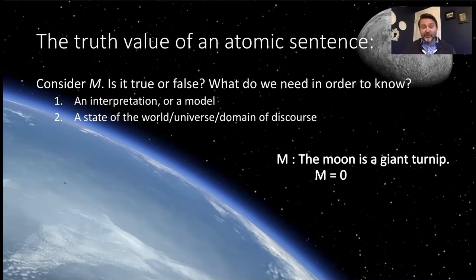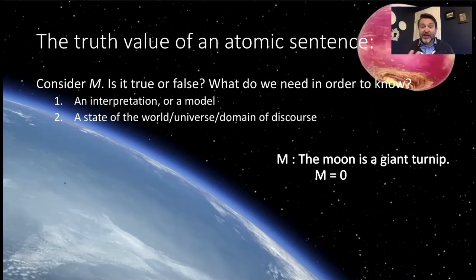We thought that the moon is a giant turnip was false because in our world, our universe, the domain of discourse, the things we're talking about, this statement is false. The moon is not a giant turnip.